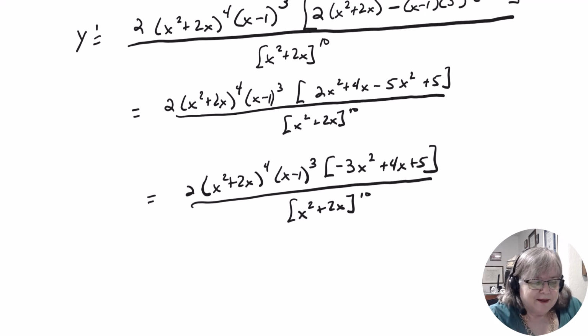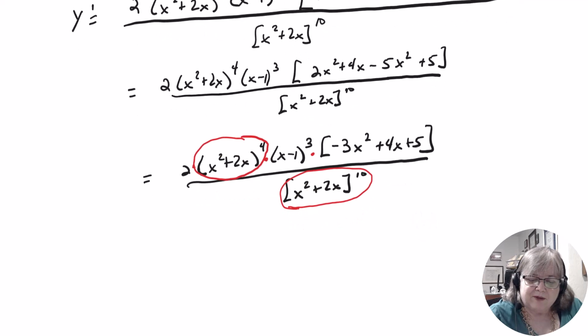All right, so see this x squared plus 2x to the 4th? And see this x squared plus 2x to the 10th? Those are factors, right? See all these times in here, this one times this one times this one.